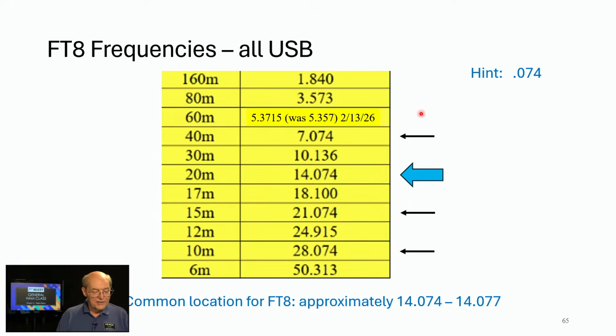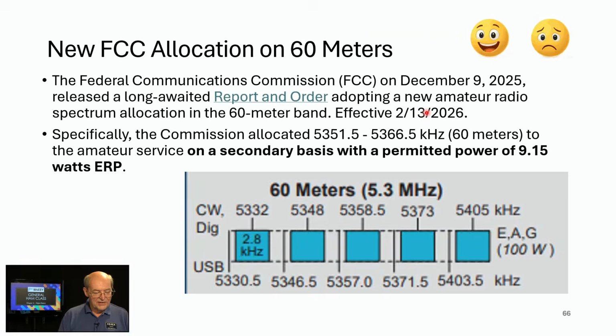So most hams in the FT8 default frequency just happened to be this one right here. So where we used to be able to do 100 watts on the default FT8 frequency, now we got to crank that down to 9.15. So most people just go close to 10 and figure that they're legal. A lot of hams, though, have started using the next one up as the default FT8 frequency on 60 meters.